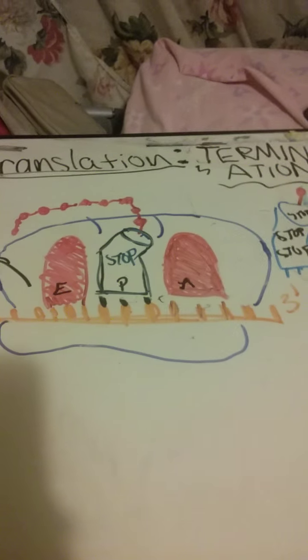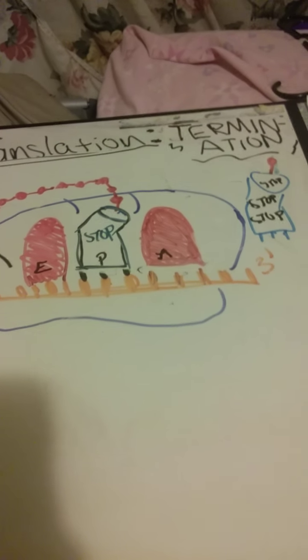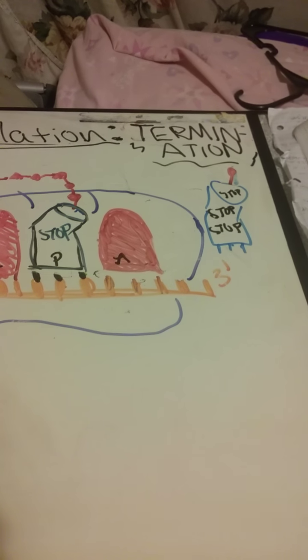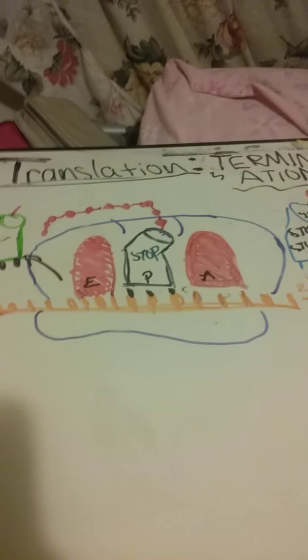The final step in translation is termination. As time goes on, the polypeptide chain will grow longer, and eventually a tRNA anticodon will code for termination, or tell it to stop creating the polypeptide.